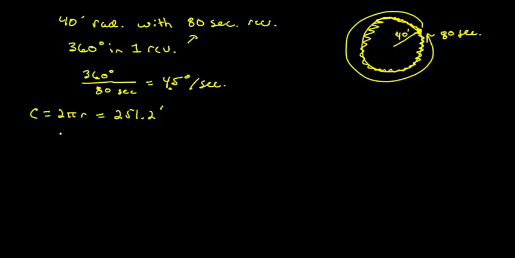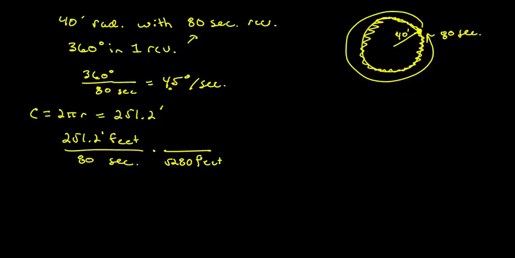Now, so we travel 251.2 feet in 80 seconds. So let's do some conversions here. We want to get rid of the feet, so we'll put feet on the bottom, 5,280.